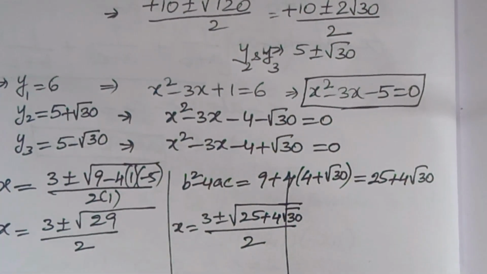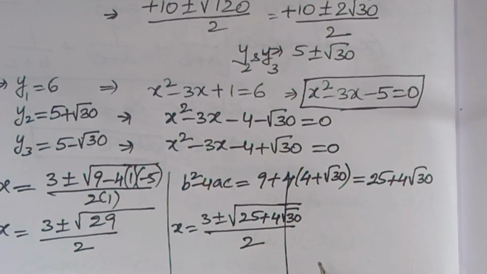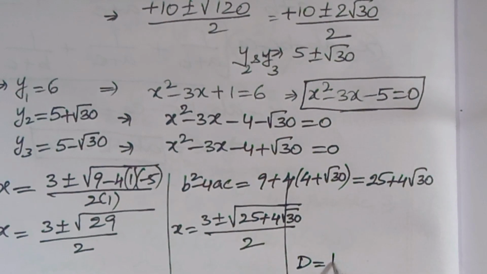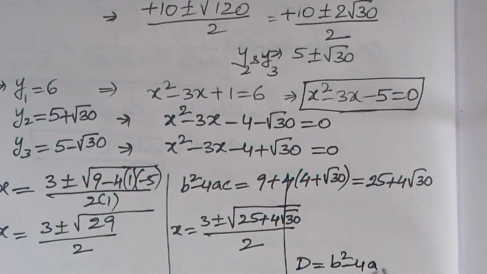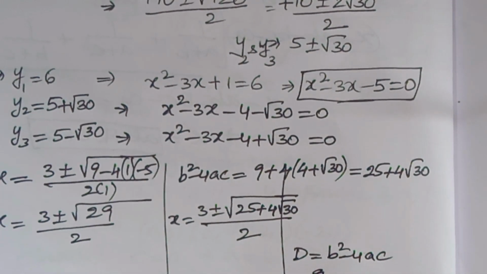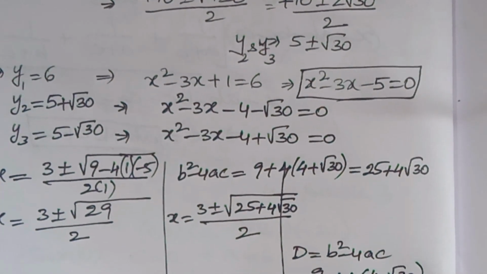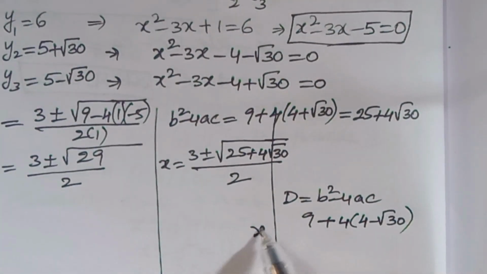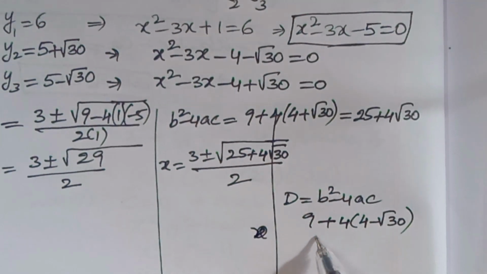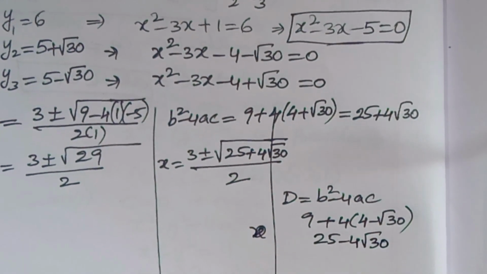Now if you take the third one, its discriminant b² − 4ac will be 9 + 4(4 − root 30), so here 25 − 4 root 30.